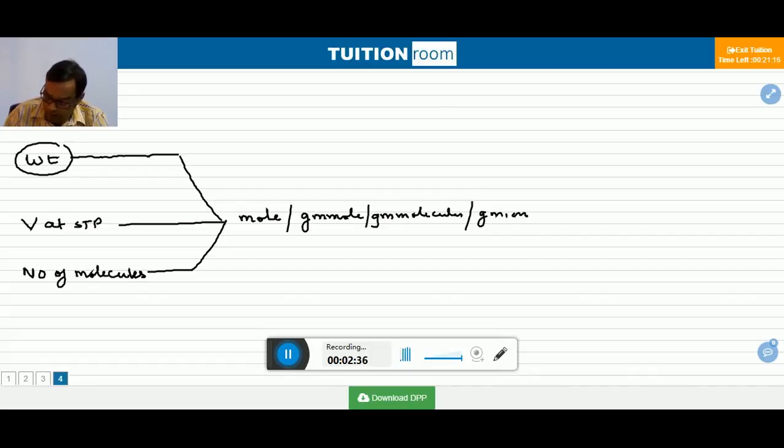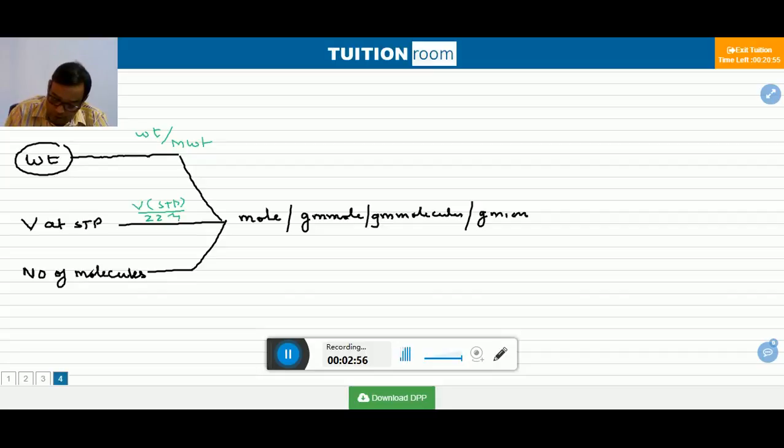How do we calculate? Now see, if weight is given, then weight divided by molecular weight gives mole. On this side, volume at STP divided by 22.4.